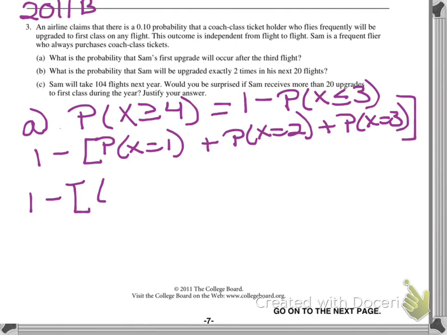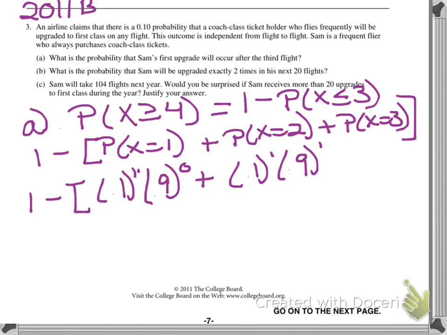So that means it's going to have one success, no failures, plus the probability of X is equal to 2, 1 success, 1 failure. The probability of X is equal to 3 is 1 success, 2 failures.